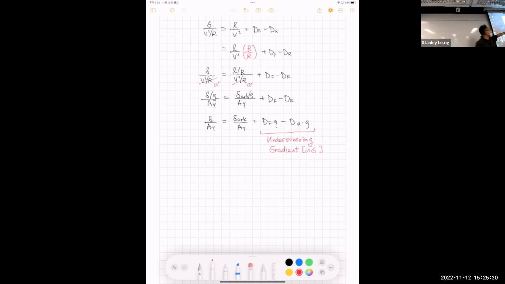But the unbalanced moment is from the slip angle that rotates about your CG, right? So you always see terms like this. So we just normalize it with the lateral acceleration. Okay, so this then relates to your steering sensitivity.